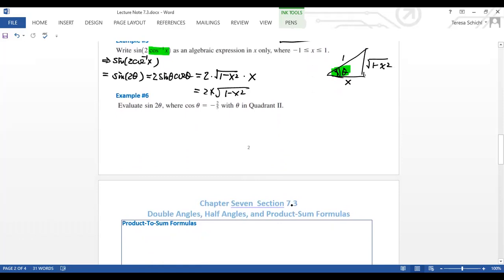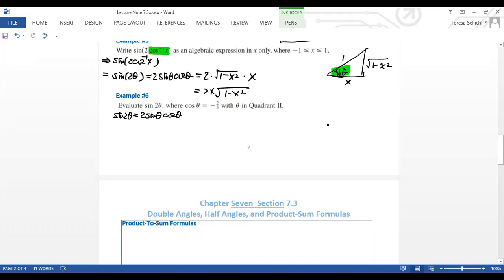Let's take a look at example number 6. Find sine 2 theta where the cosine of theta equals negative 2/5. We can say sine 2 theta, the double angle, is equal to 2 sine theta cosine theta.